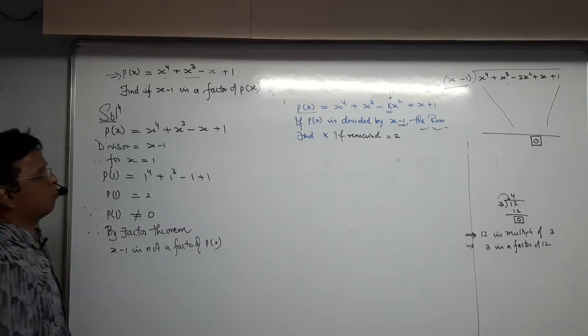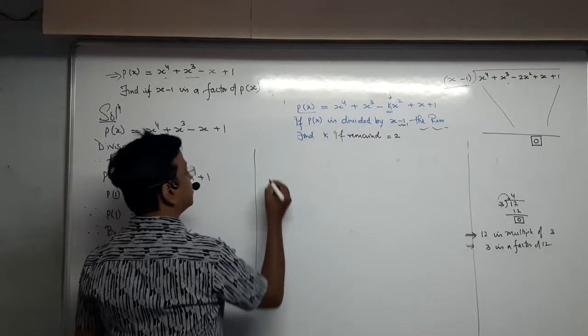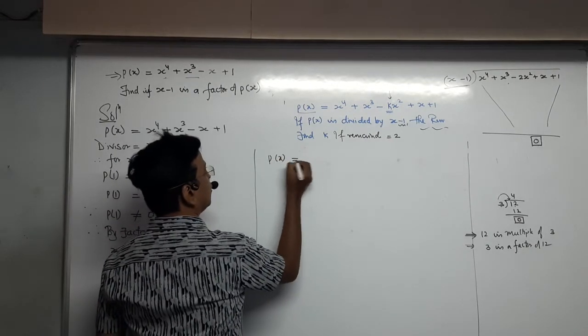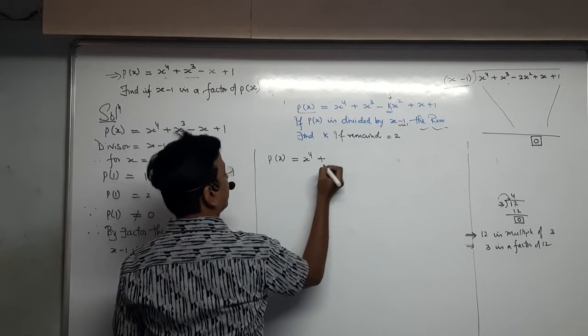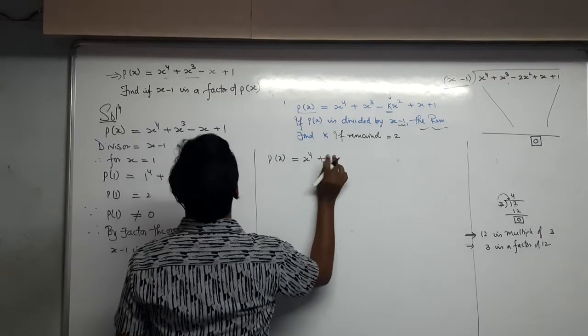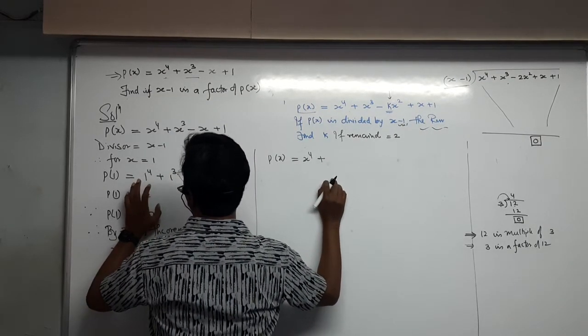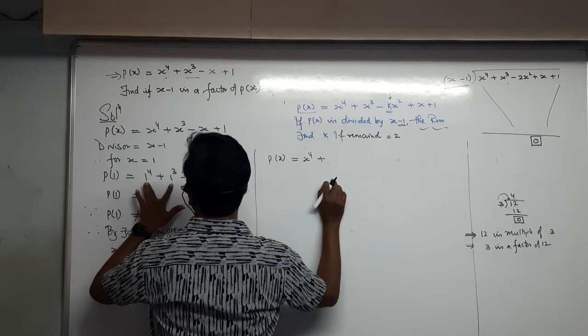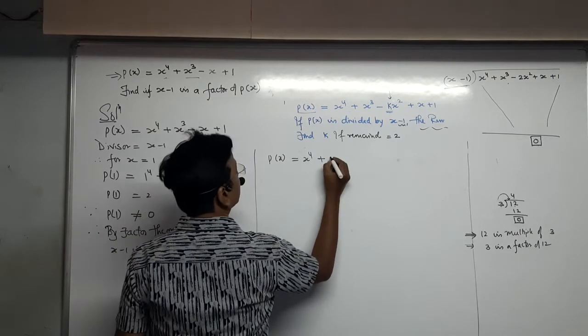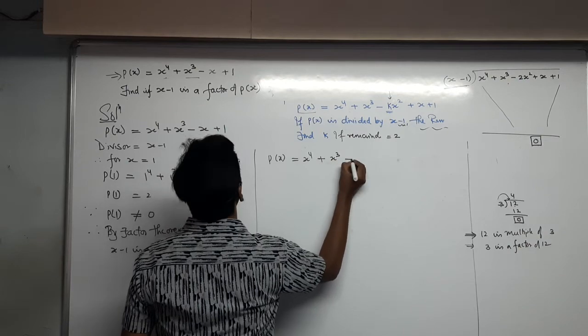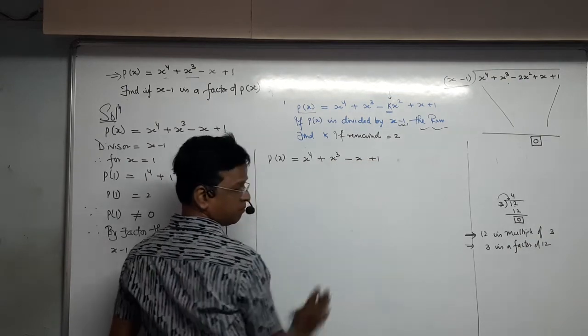Simple as that. Same question if I would have taken, supposing p of x is equal to x to the power of 4 plus x cube minus x plus 1.